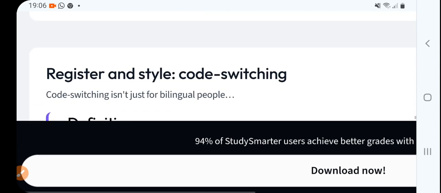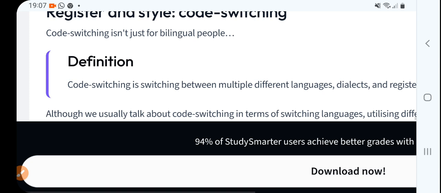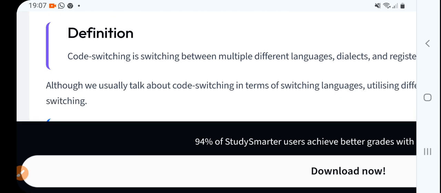Now, register and style: code switching. Register code switching is not just for bilingual people, right? I am a Hindi speaker and an English speaker; sometimes I speak Hindi and use some English words, or vice versa.